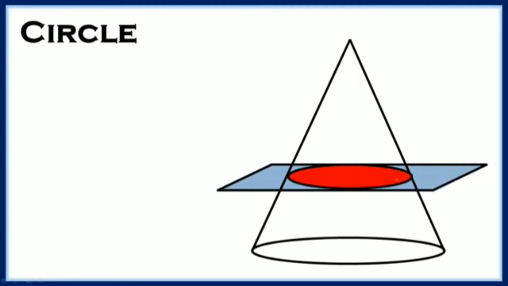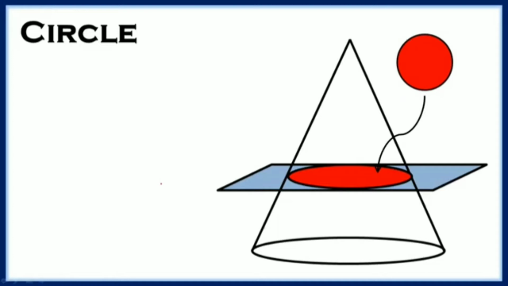Did you get it class? As we're looking at this figure na 3D, hindi siya ganun ka-evident, pero pag titingnan natin ito on the top view, we will see a circle. So, this is our first conic section, the circle.